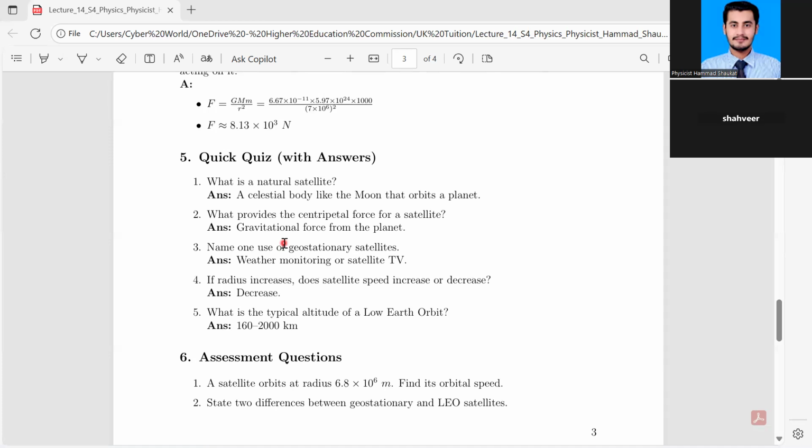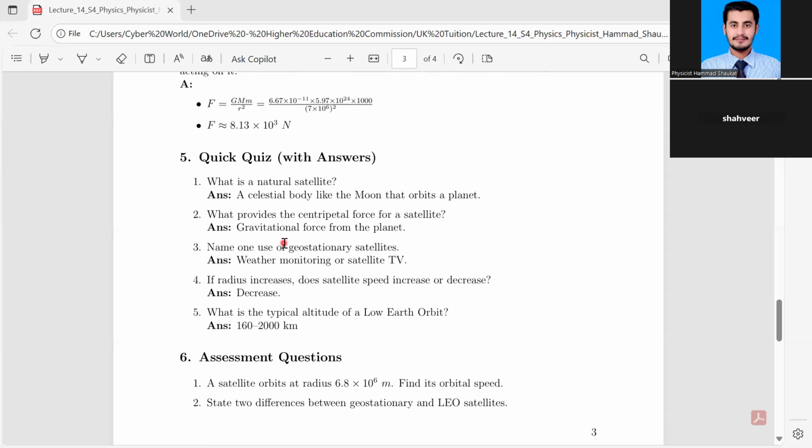Gravitational force from the planet. Yes, the gravitational force is the force which allows your satellite to move in a circle. So that's why you can say the centripetal force is provided by the gravitational force of the planet. Right. Name one use of a geostationary satellite.